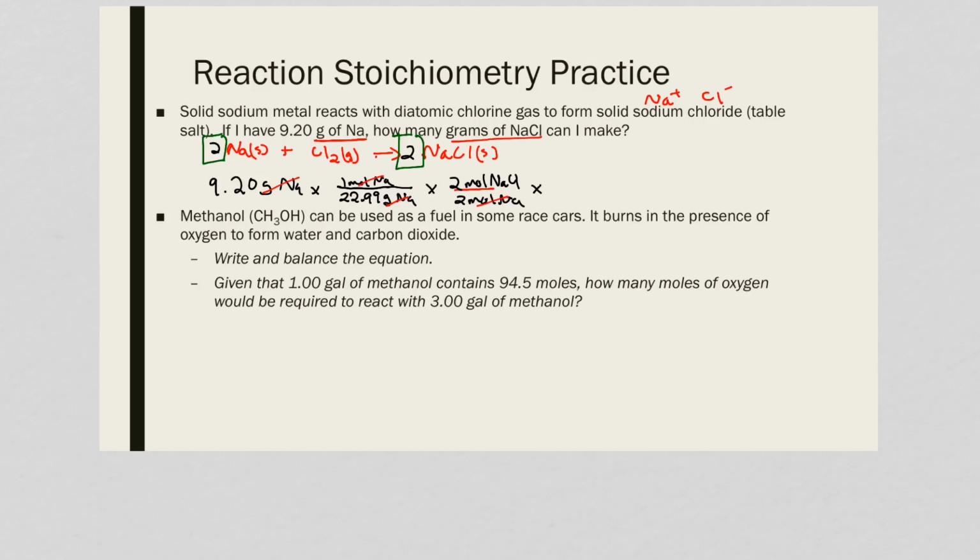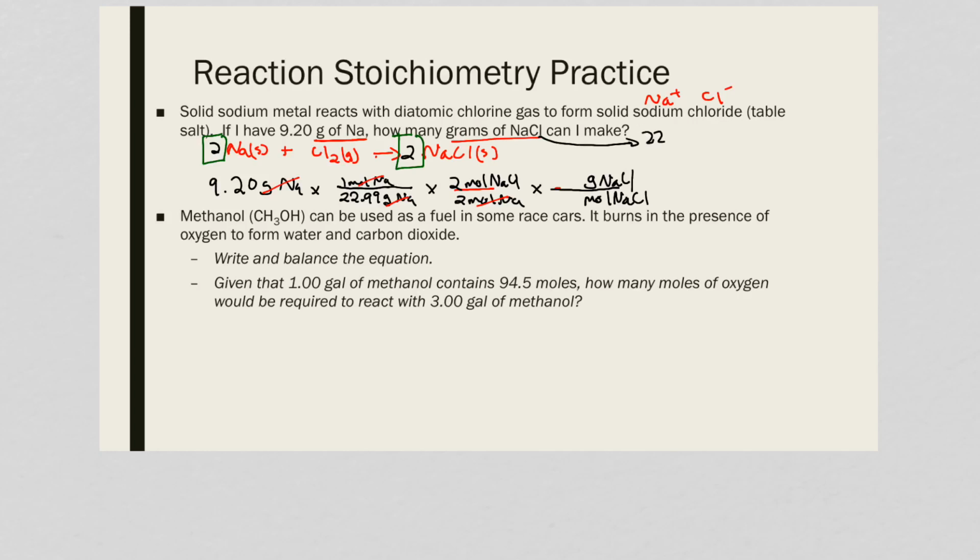We want to convert this into grams. So we're going to use the molar mass. So we have grams of sodium chloride here per mole of sodium chloride. And if we do the math, we add up sodium and chlorine.